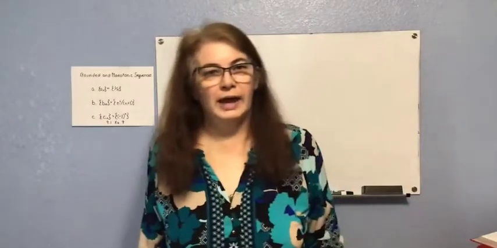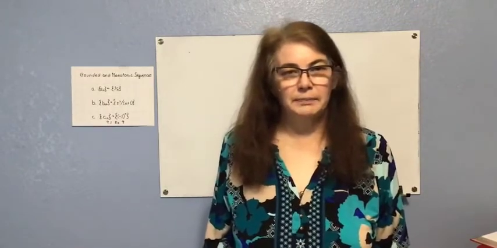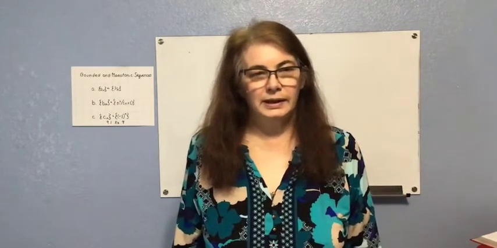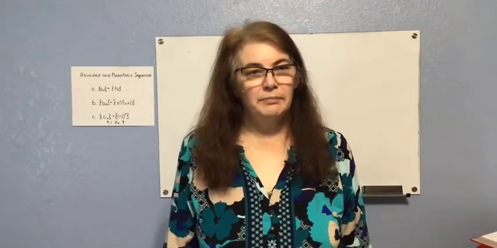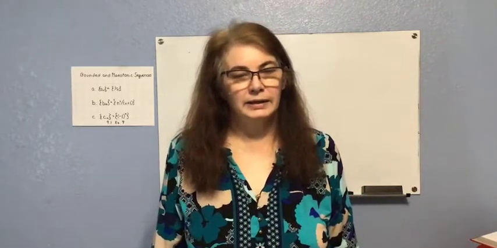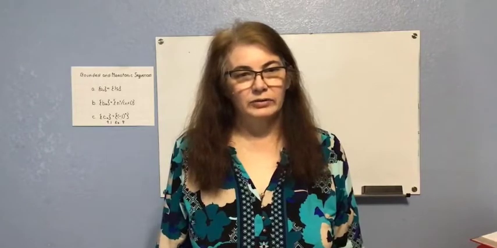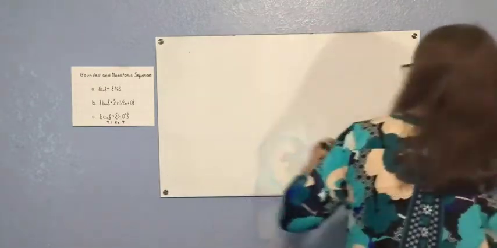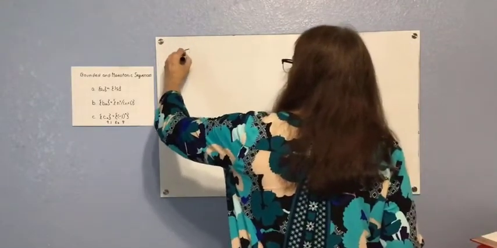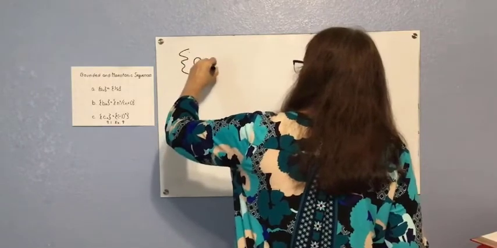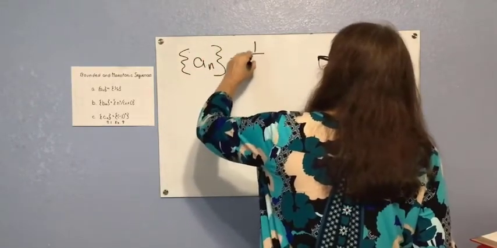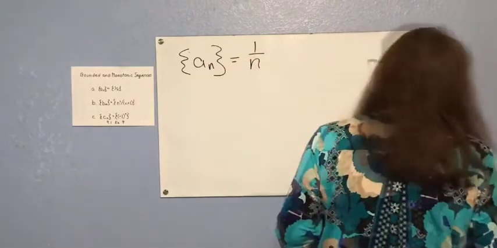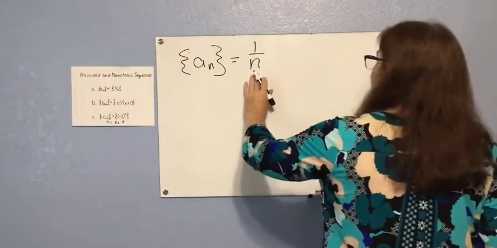We're now going to look at whether a sequence is bounded. And this is important because if we can determine that a sequence is bounded and monotonic, then we know that it converges. So if I have this sequence, a sub n, that's equal to 1 over n, is this bounded?